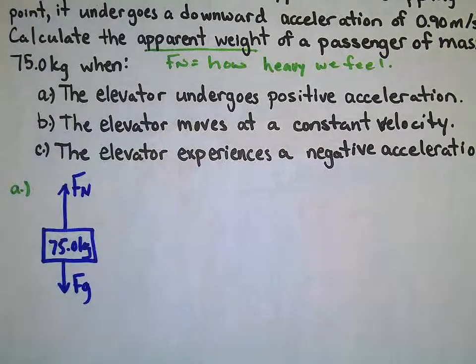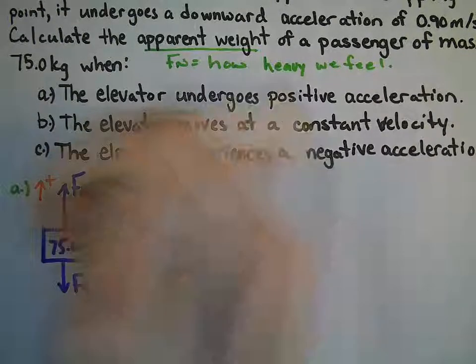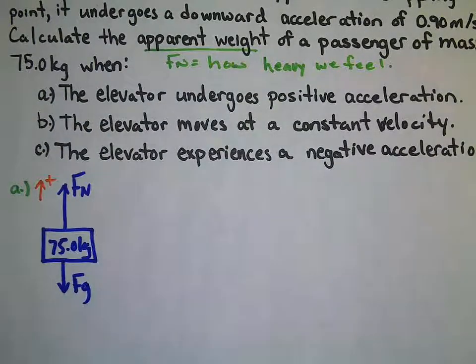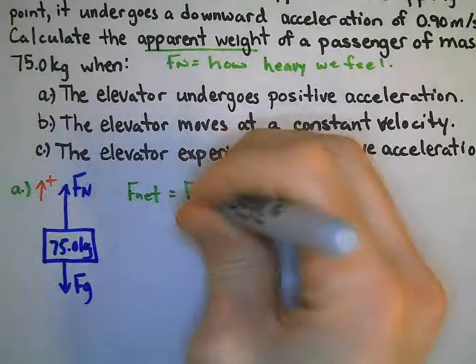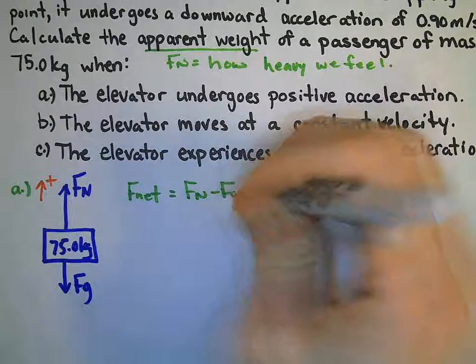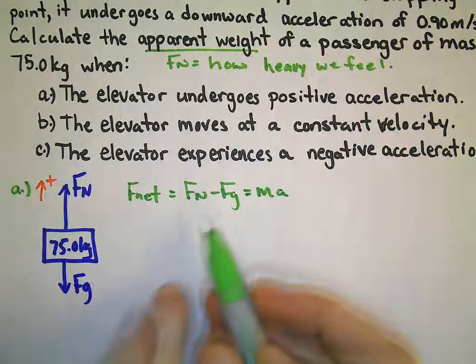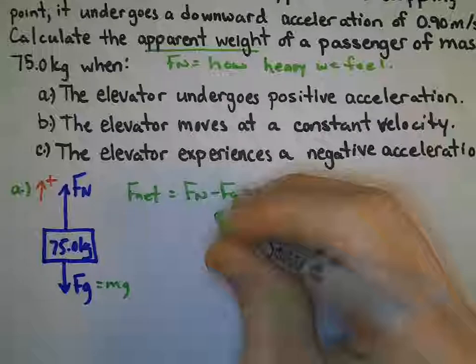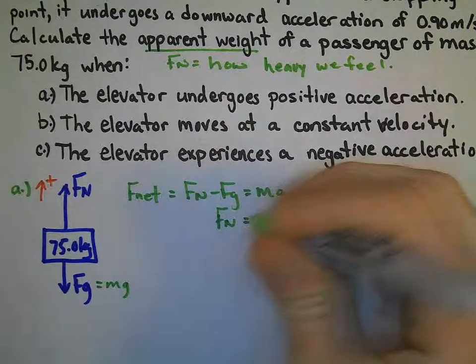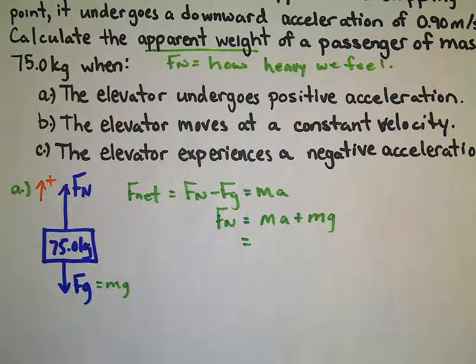If we call up positive, the net force will be Fn minus Fg, and that's our mass times acceleration. And Fg is easy because we know that's mg. Therefore, Fn is ma plus mg. We make those substitutions, and we can determine the normal force.